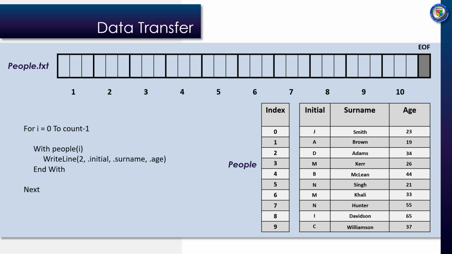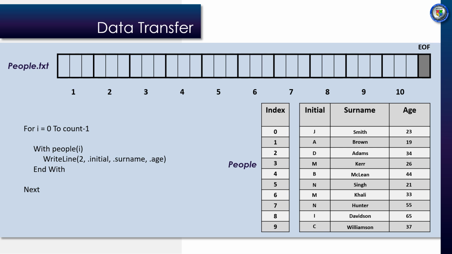Let's look at an example of writing data from an array of records out to a data file. Again, we have an array of records called people, our data file called people.txt, which has been allocated the file number 2. We've got a fixed loop here because we know how many pieces of data we want to output.